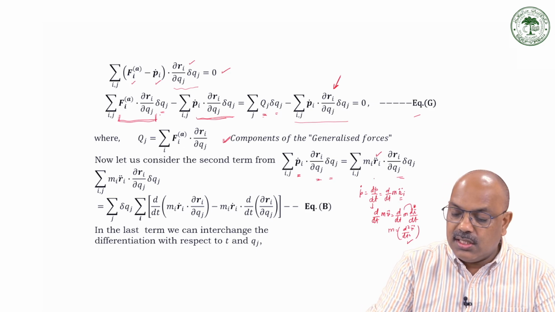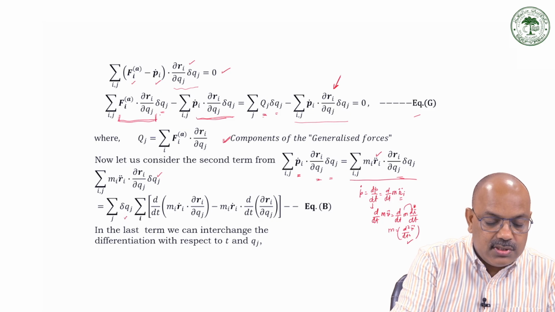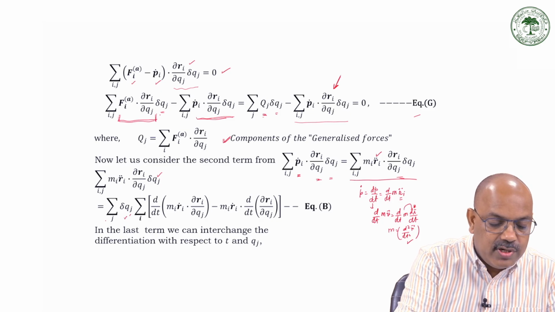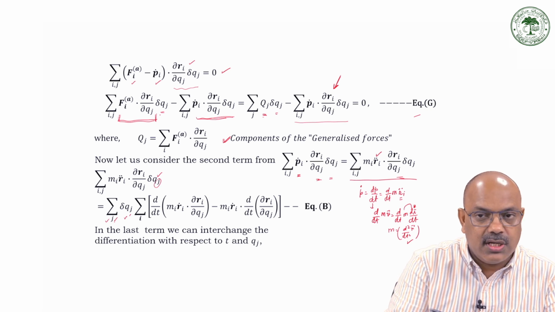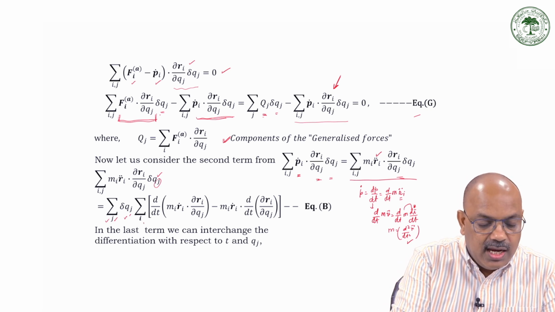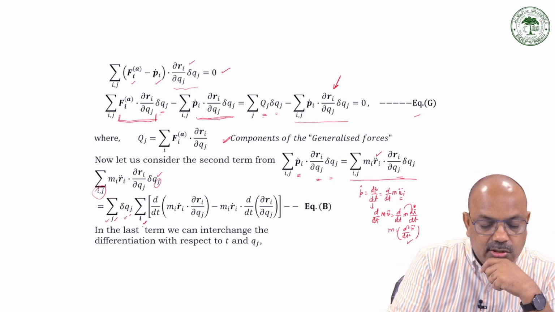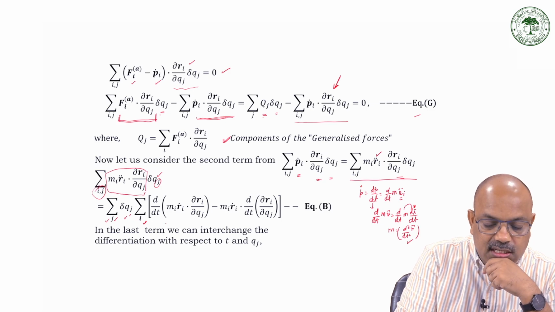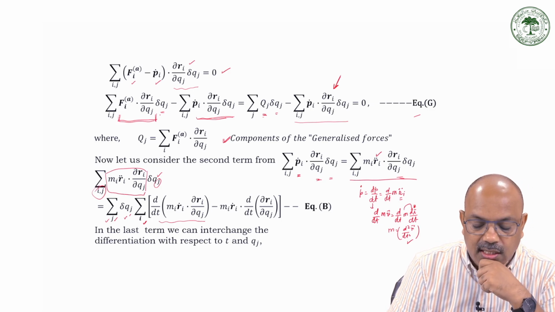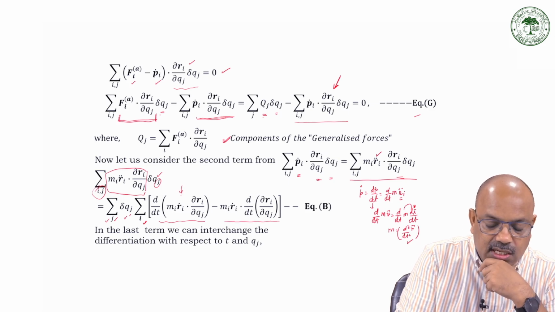Now I can rewrite this by taking delta qj outside, because the sum over j is there, and the index i stays inside the sum. I write this whole thing as d by dt of mi ri dot times delta ri upon delta qj, minus mi ri dot times d by dt of delta ri upon delta qj.